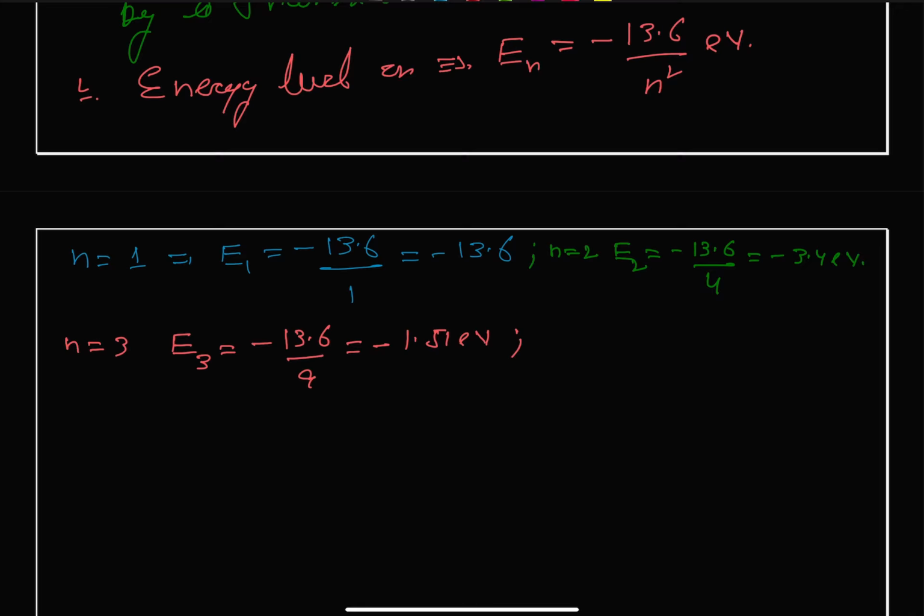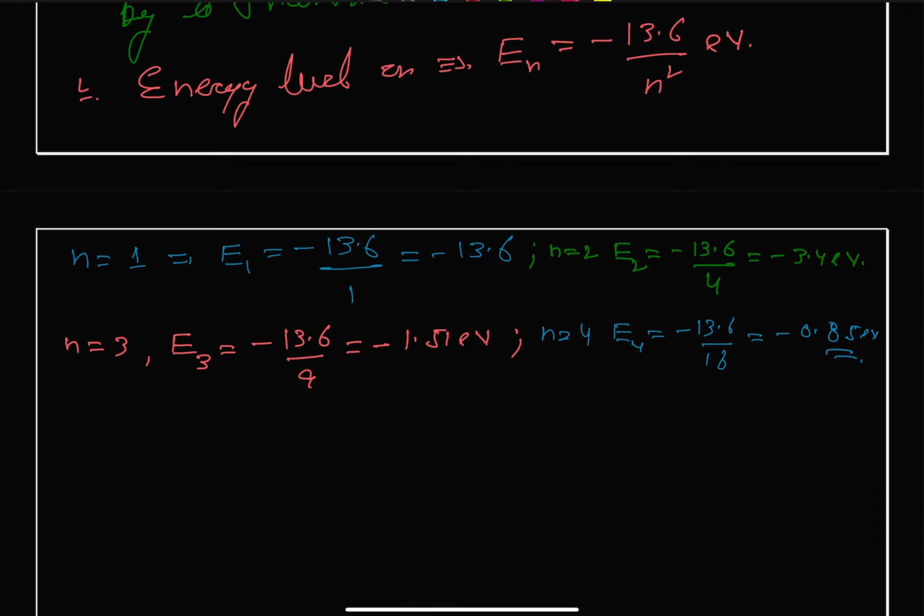And next we can take n equal to 4, giving us E4 equal to minus 13.6 upon 16. This gives us minus 0.85 electron volt.